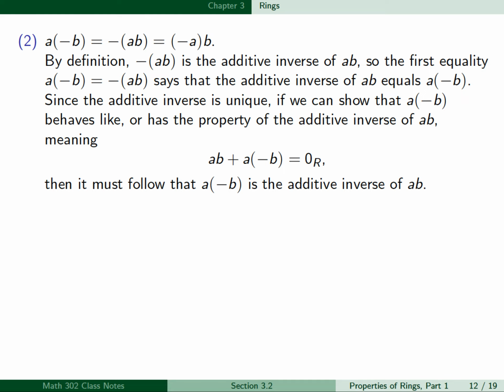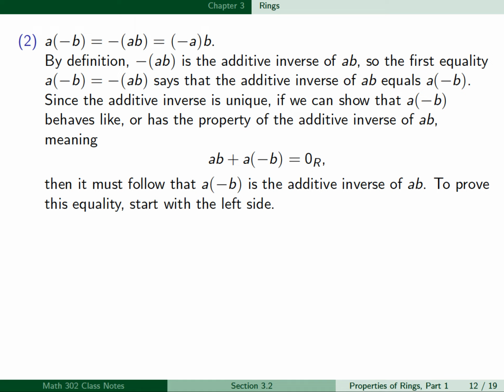So if it quacks like the additive inverse and walks like the additive inverse, it must be the additive inverse. And what we mean by behaves like the additive inverse is that it satisfies the equation shown: ab plus a times minus b is equal to 0 sub r. It's what you have to add to ab to get the additive identity 0 sub r. So the whole proof relies upon proving this equality.